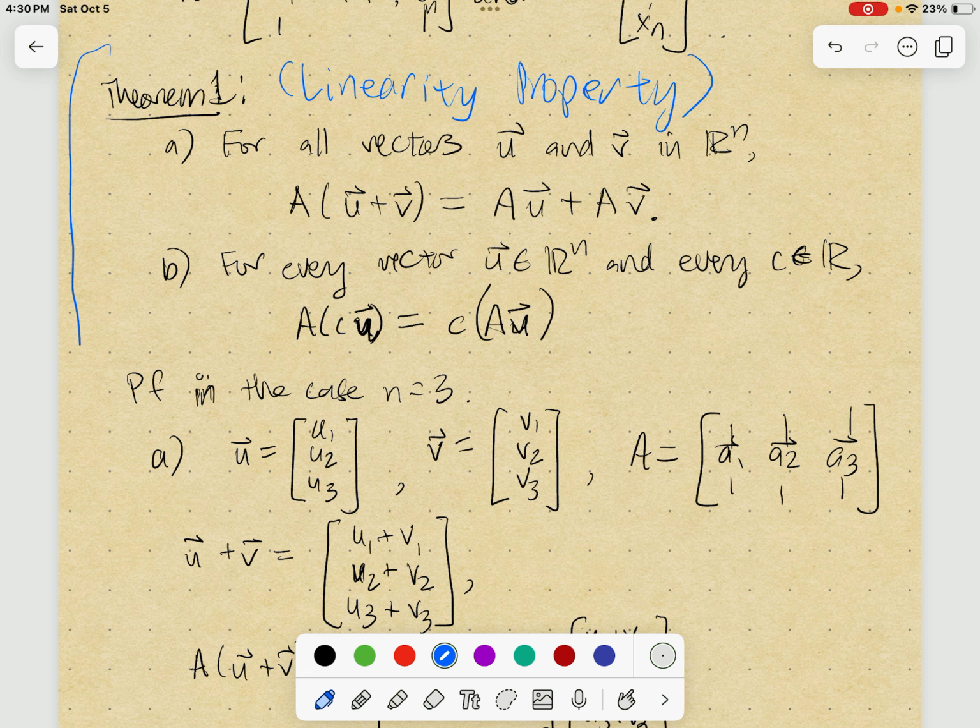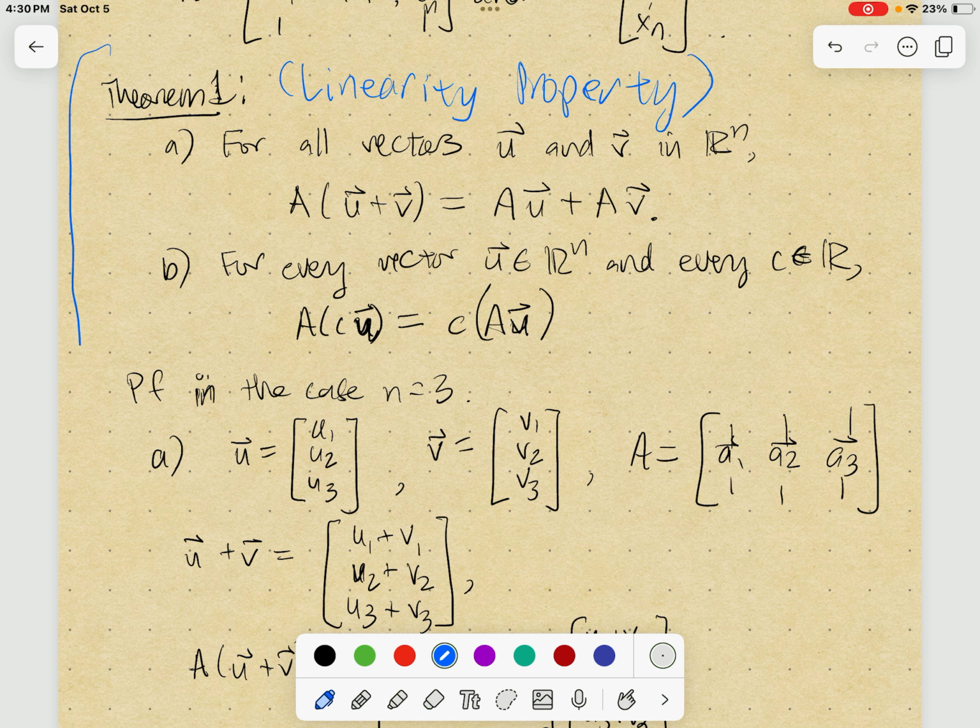When you have a matrix, you can think of it as taking a vector in Rn and sending it to a vector in Rm, right? Because you have a vector in Rn, and when you do A times it, you get a vector in Rm. When you have something that takes inputs, a vector in Rn, and outputs a vector in Rm, that's a function. So you can think of a matrix as defining a function from Rn to Rm.